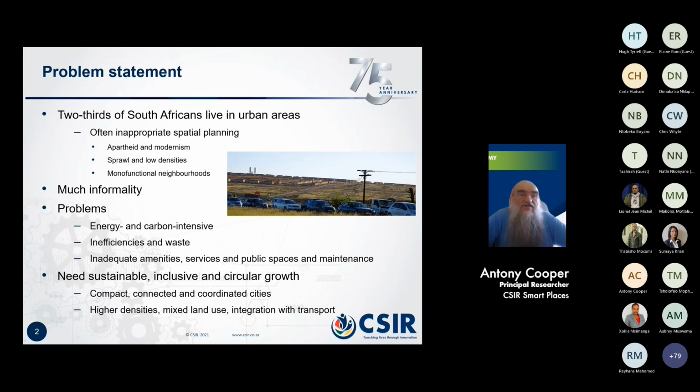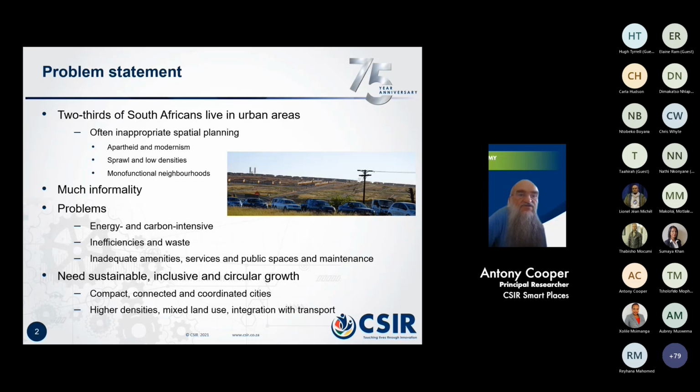Sprawl, low densities, and monofunctional neighborhoods. That picture shows two of the consequences: traffic jams and a large swathe of grassland being built on with low density housing. There's also much informality and problems.